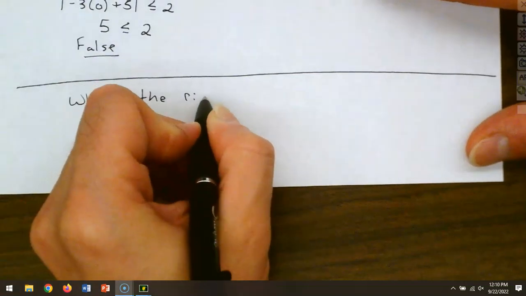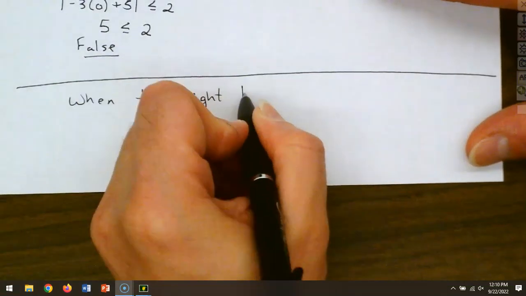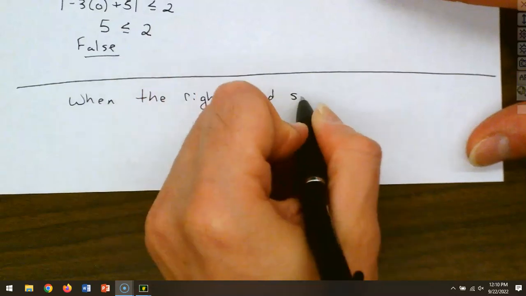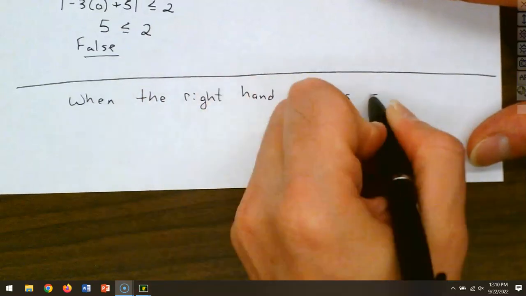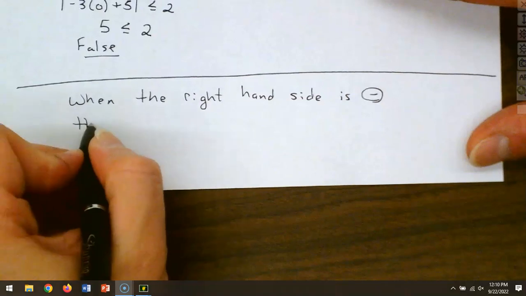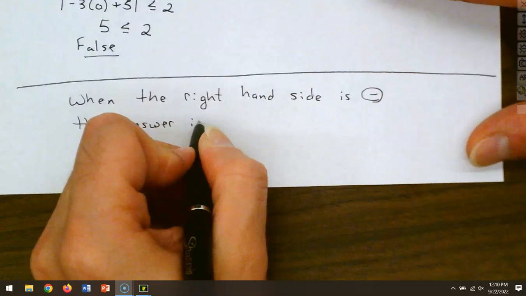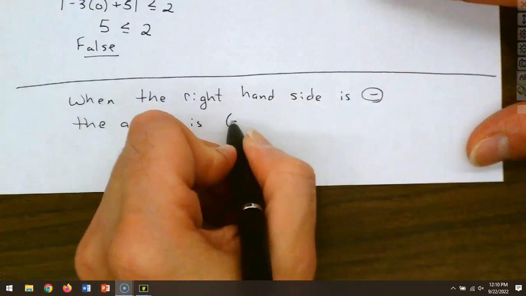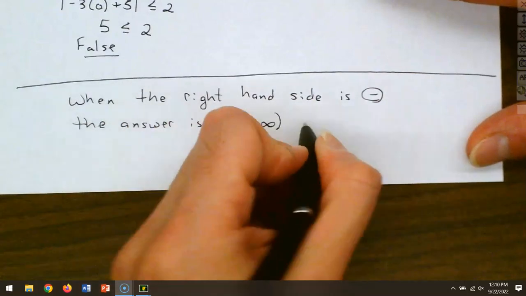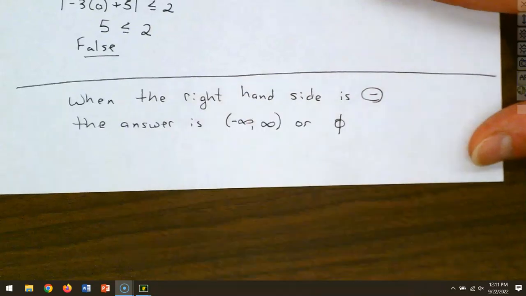So when the right-hand side is negative, the answer is negative to positive infinity or no solution.